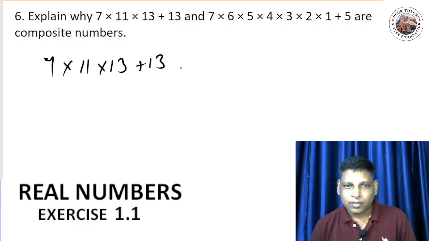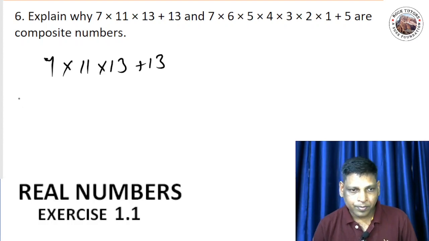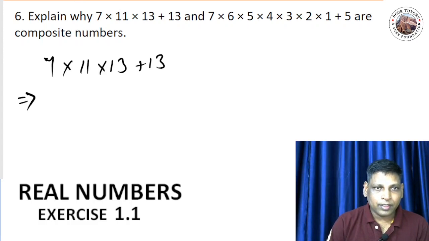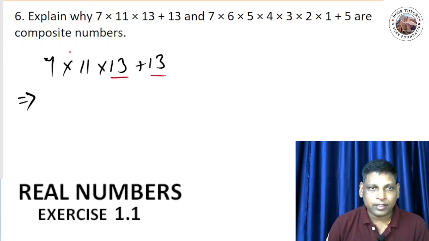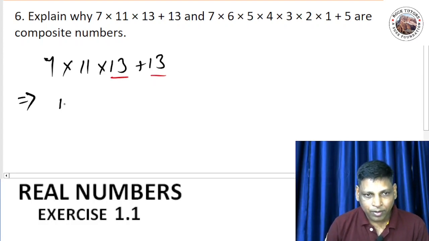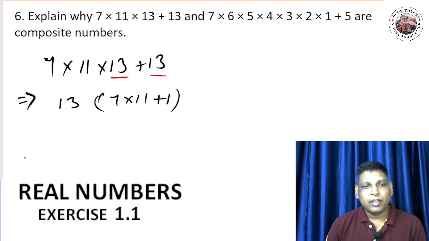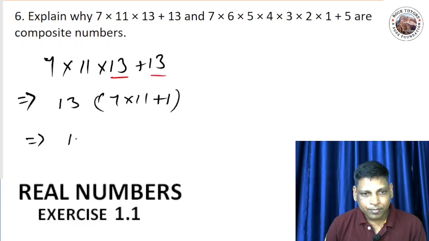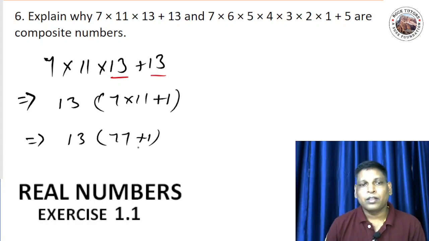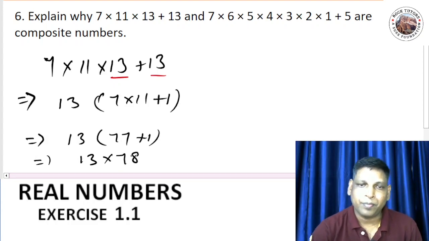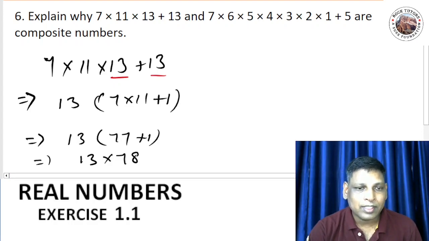Here 13 is common in both terms, so I take 13 common: 13 into 7 into 11 plus 1, which is 13 into 77 plus 1, that is 13 into 78.